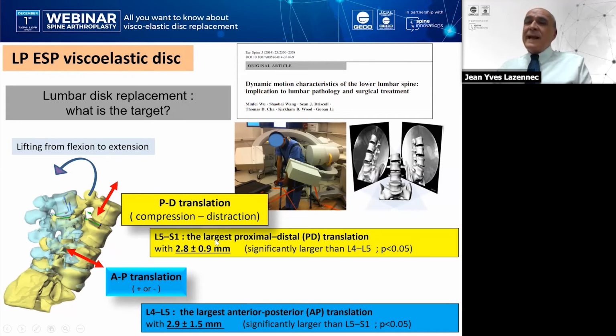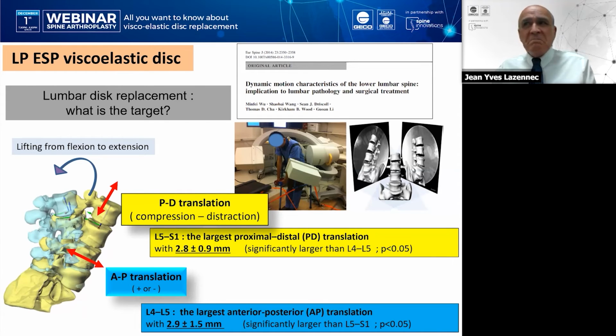And we see that L5S1 is the level with more translation in the proximodistal direction, more compression. On the contrary, L4, L5 is the level of AP translation. So with the same implant, we must solve two different problems, compression and translation. And you see intuitively the interest of a visco-elastic implant.